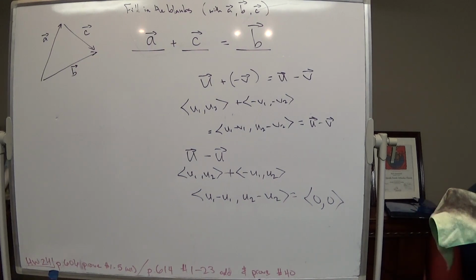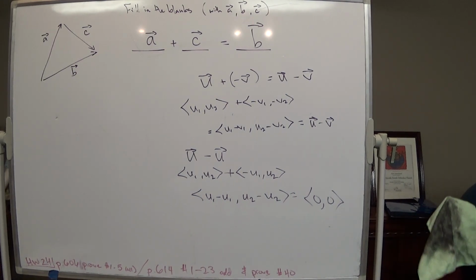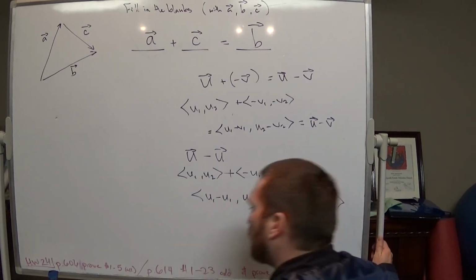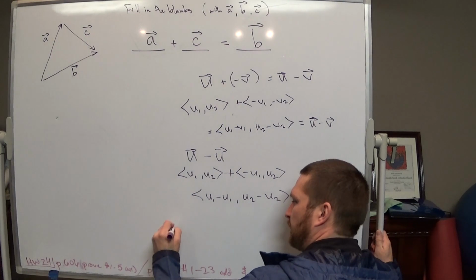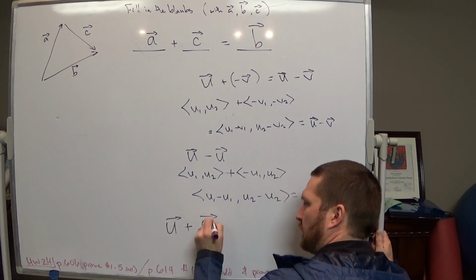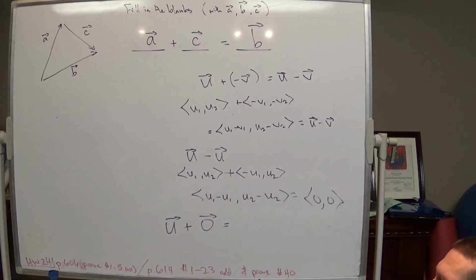Okay. Now here's another thing. One more thing, since we're taking our time. You've proved this before: any vector plus the zero vector is equal to what? Any vector, whatever that original vector was.